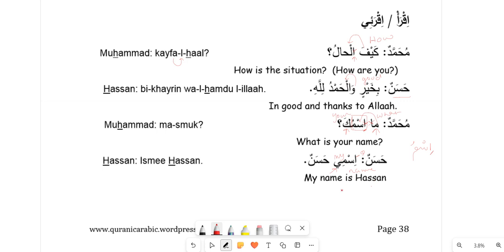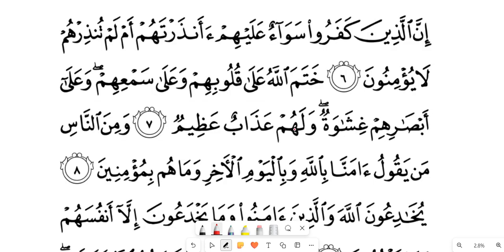And now we will see the examples from the Quran. This is from Surah Baqarah, the very start after the Surah Fatiha. In Ladina, where is the hamzatul qata or hamzatul wasl?